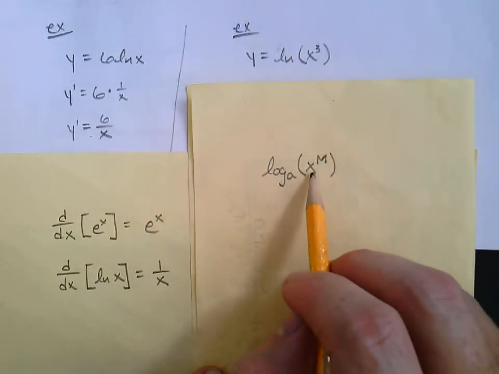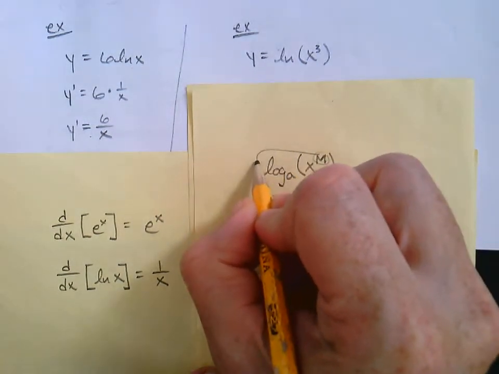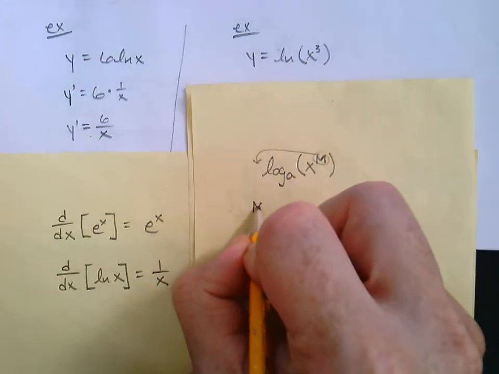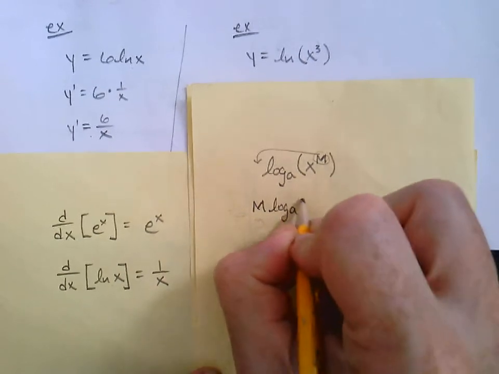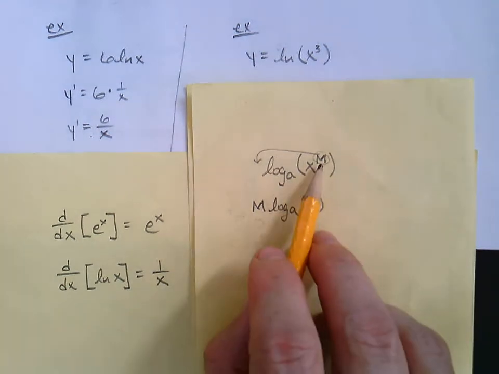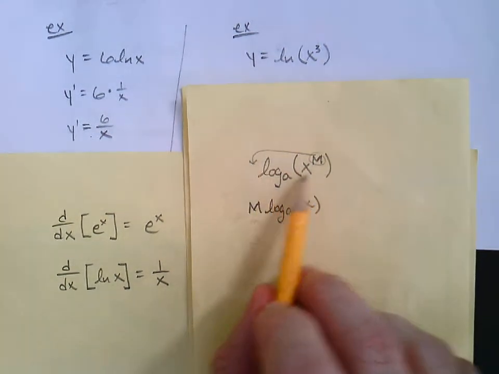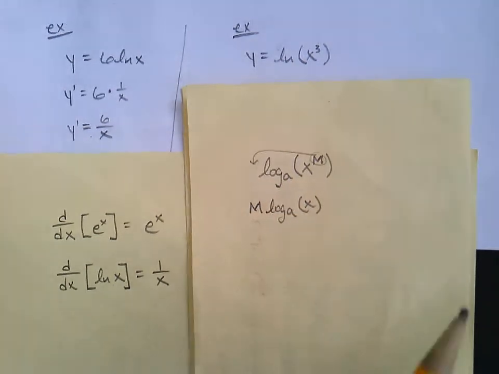If your argument is x to the m, you may remember you can move this number out in front as a coefficient, and those are equal. That's one of the properties or laws of logs. It almost feels like you're taking a derivative there. That's very close to the power rule, but of course it's not a derivative. These things are just equal to one another.